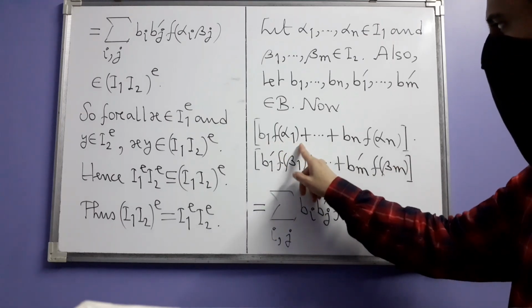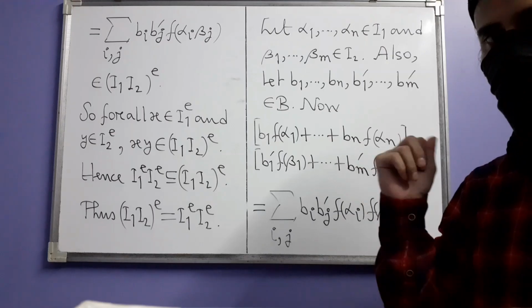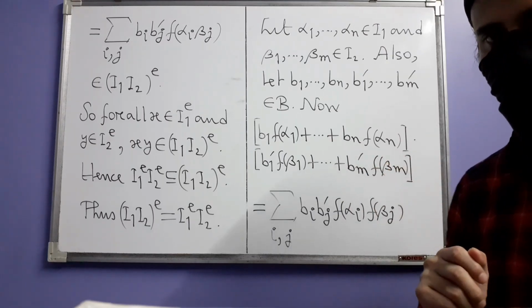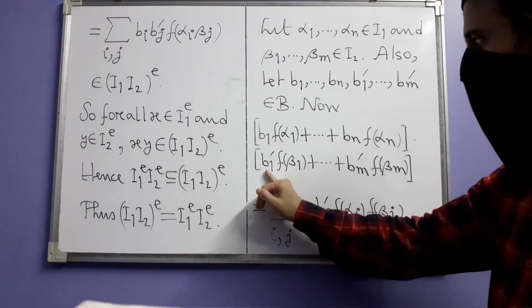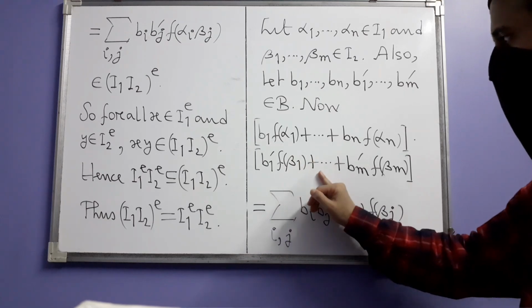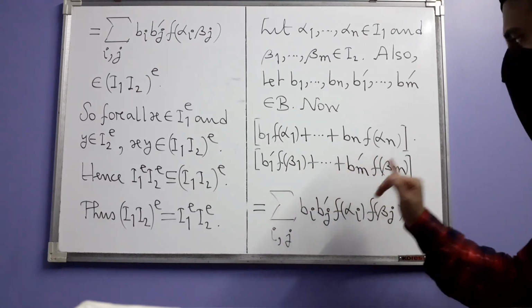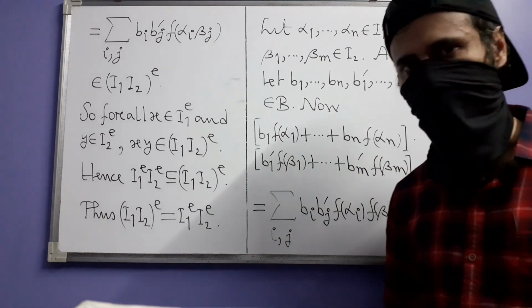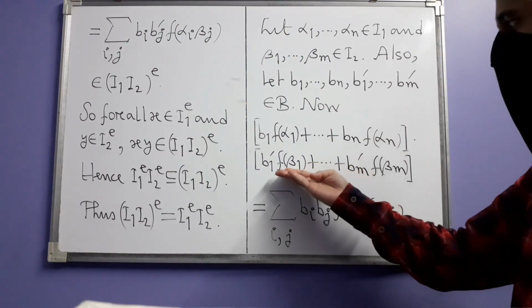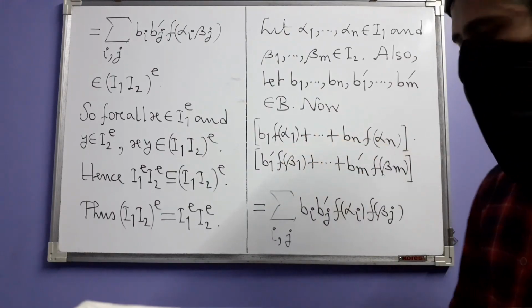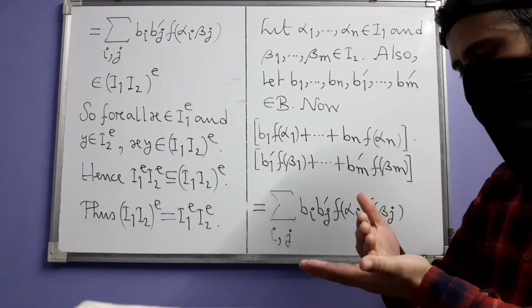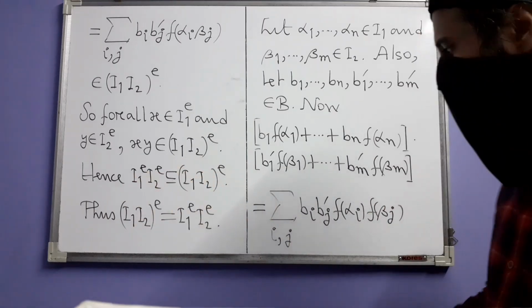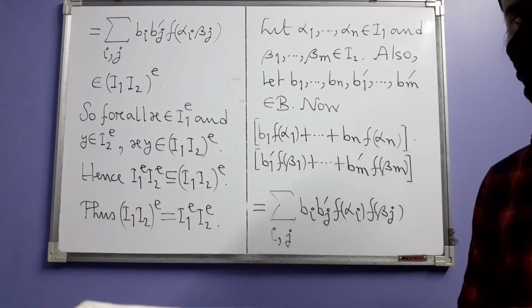b1 f of alpha 1 plus b2 f of alpha 2 up to bn f of alpha n times b1 prime f of beta 1 plus b2 prime f of beta 2, like that up to bm prime f of beta m. Now if one does this multiplication, one will get a sum, that is this sum.